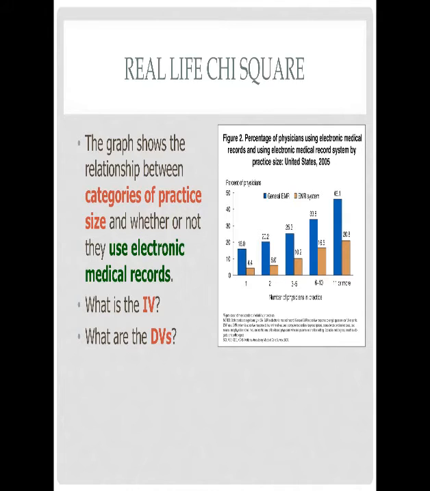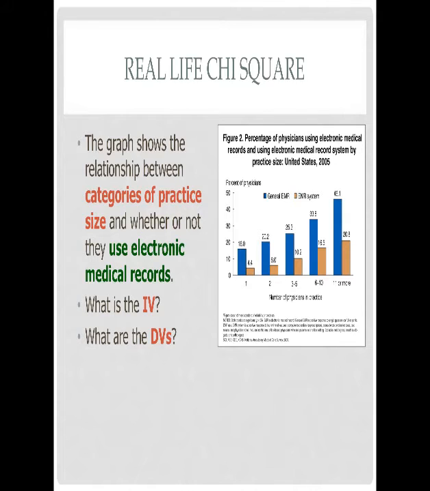So the number of physicians in practice is your independent variable, and the utilization of electronic medical records would be on your y-axis. So pretty much what we're trying to say here is, depending on how large a practice is, the greater the percentage of physicians that will be utilizing electronic medical records. And of course, that makes sense.